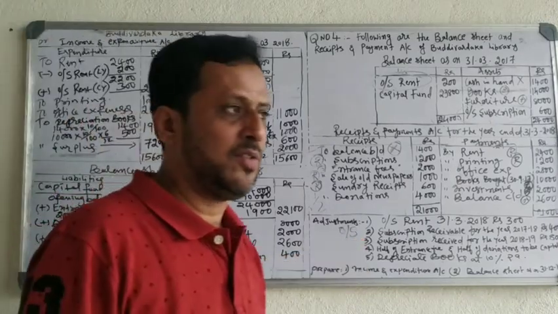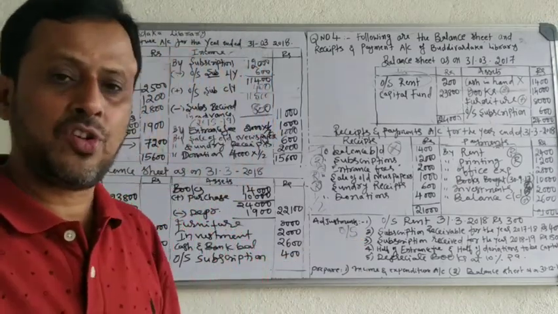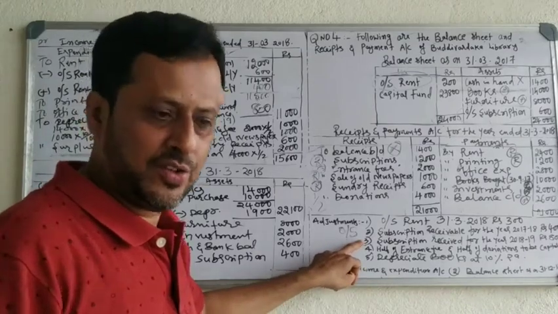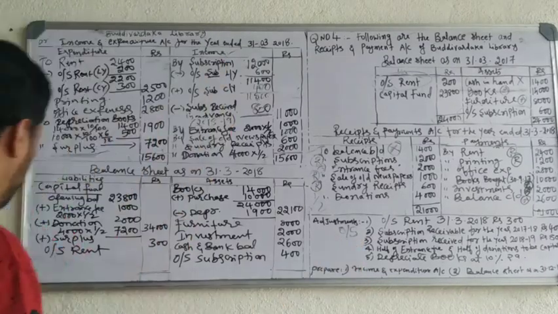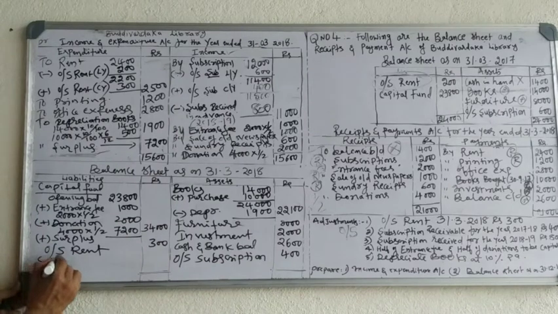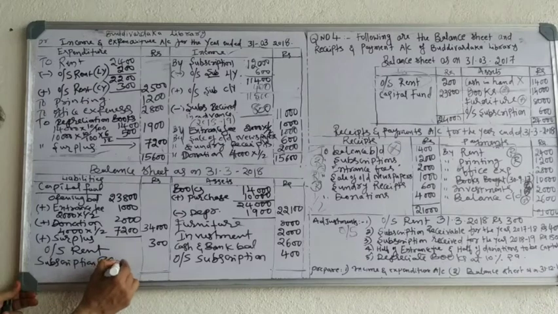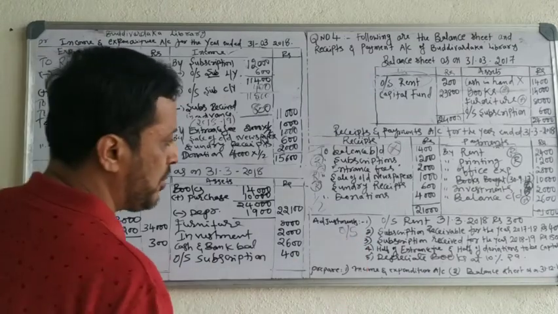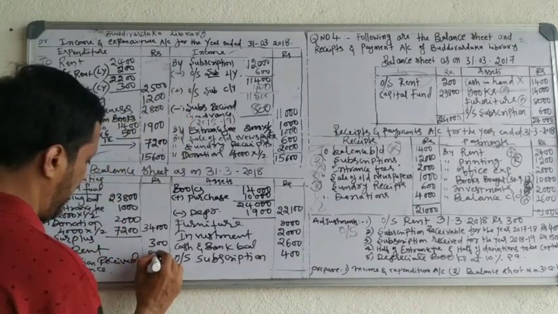Subscription received in advance: subscription of the next year received this year. So this is a liability to the organization, on the liability side. Subscription received in advance is 800.